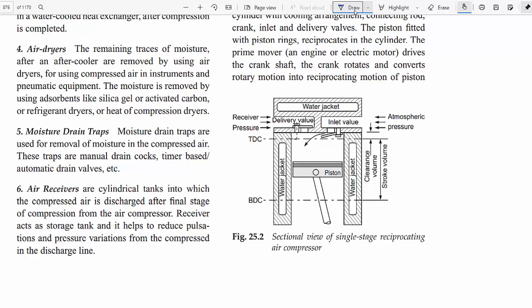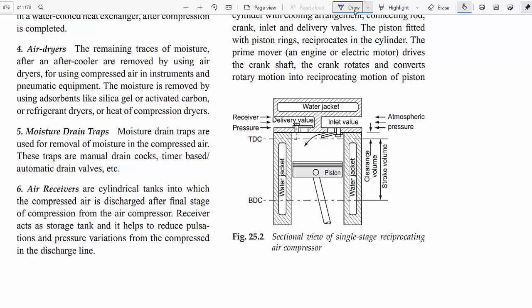TDC is the topmost position of the piston, BDC is the bottommost position. When TDC is matched with the top plane of the cylinder, it's called without clearance. When TDC is not matched with the top of the cylinder and is just below it, it's called considering clearance.